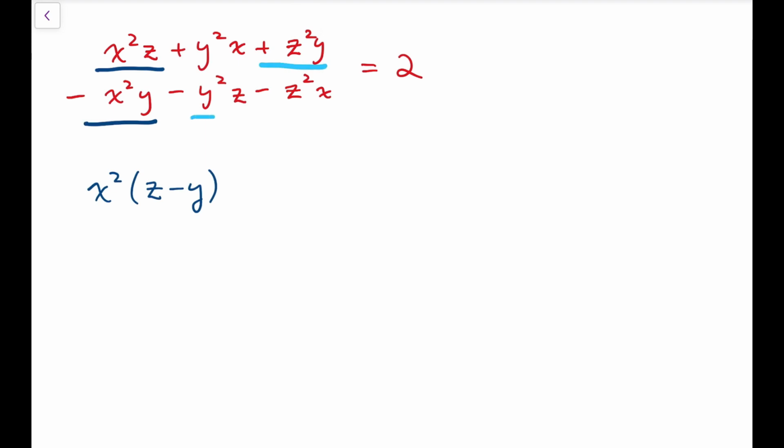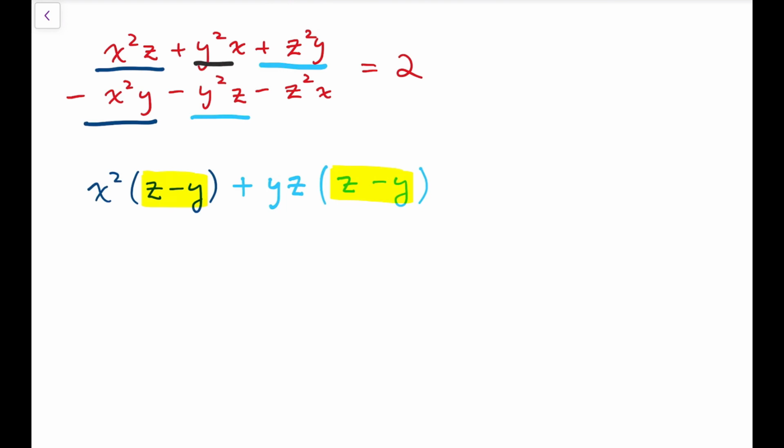And it turns out that if I take these two terms, z squared y and y squared z, then I will have yz as a common factor, and then yz multiplied by z minus y. It so happens that we have z minus y in both brackets.